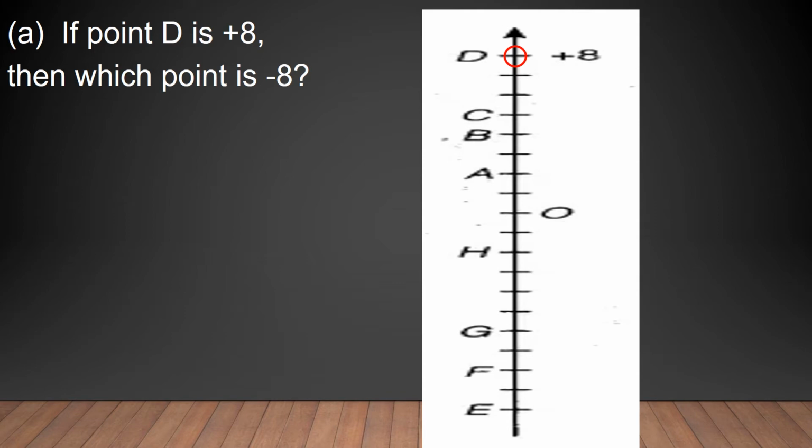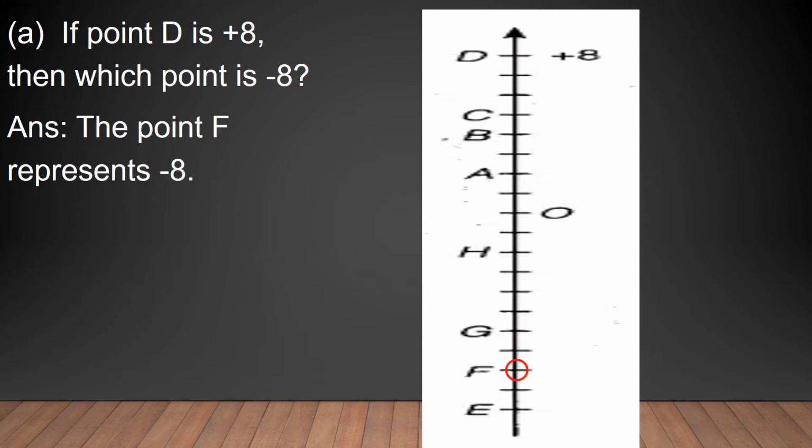D is a positive integer. Its value is plus 8. Now, to find the point whose value is minus 8, we have to take 8 jumps below 0. We will reach at point F. So the answer is point F represents minus 8.